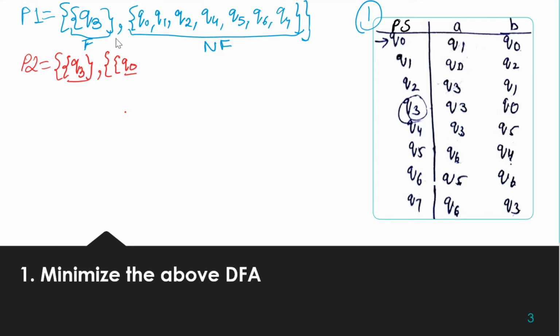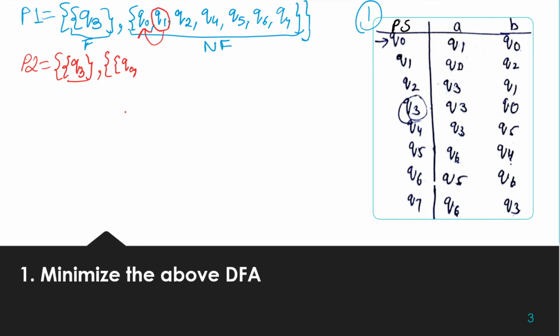Starting with Q1, let's check whether Q1 is compatible with Q0, or whether Q1 and Q0 are similar or not. For this, we have to check the transitions from both states.